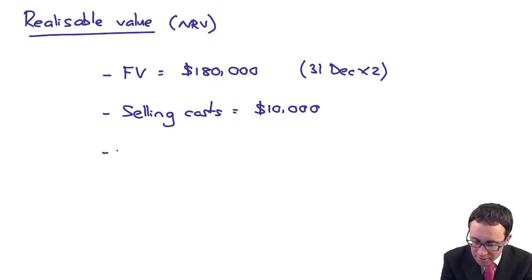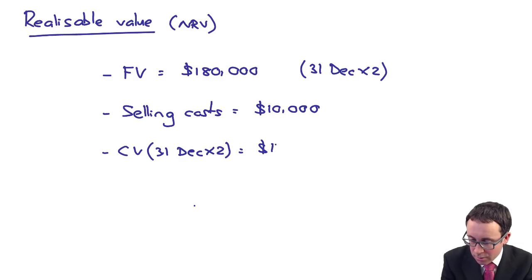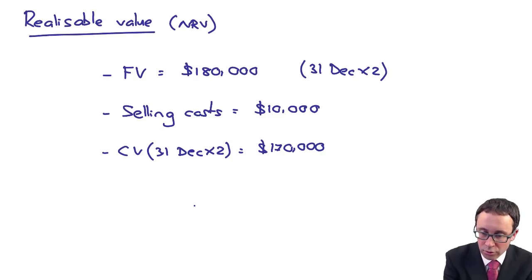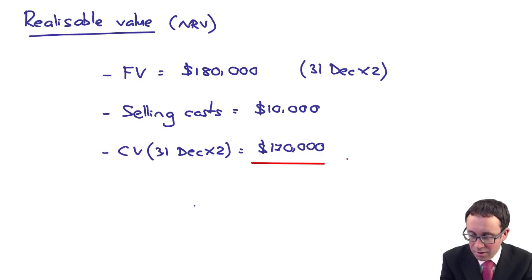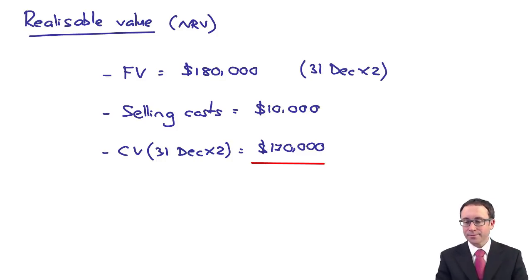So if that's the case, the carrying value of the asset at the 31st of December X2 is equal to $170,000. Okay. There we go.